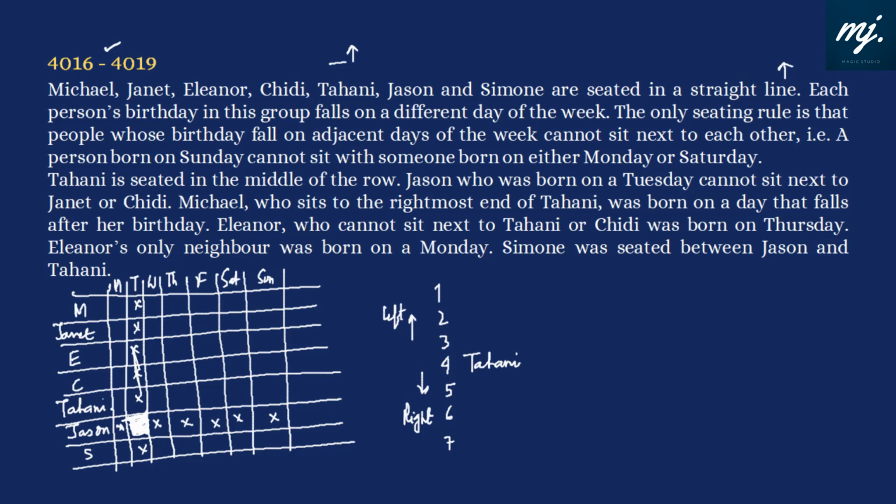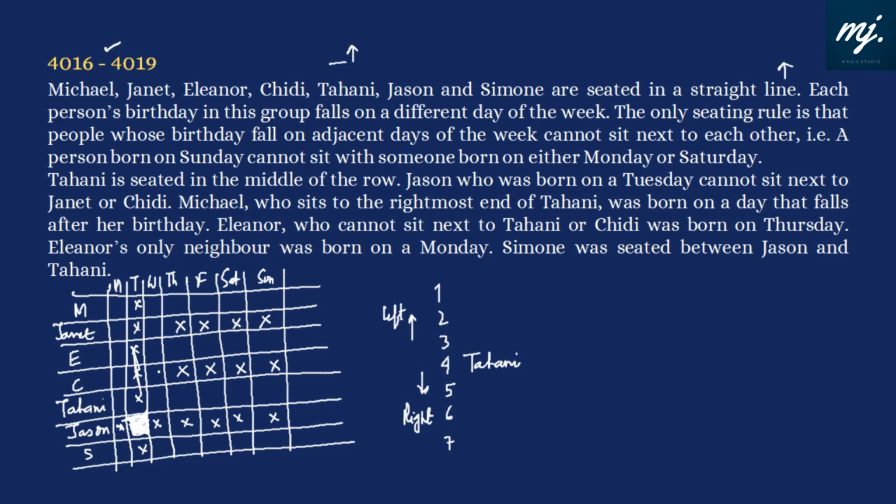That's why Jason cannot sit with Janet or Chidi. So Janet's birthday is not on Thursday, Friday, Saturday, Sunday. Chidi's birthday is also not on Thursday, Friday, Saturday, Sunday. They are on Monday, Wednesday.